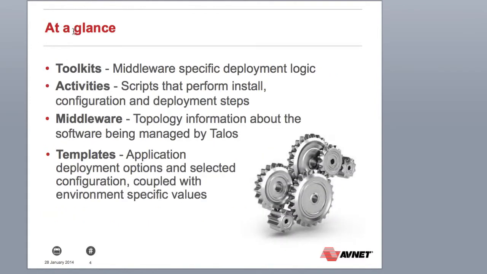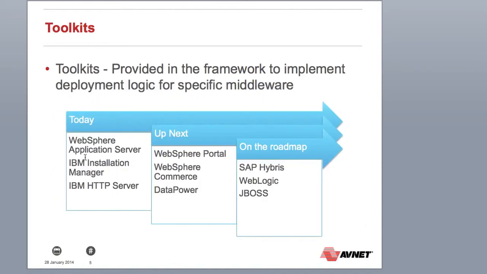And then at a glance, we talked quickly about toolkits and how you can add additional toolkits to the tool to support different middleware types. Toolkits consist of activities that implement each individual step in your larger orchestration process. And then we talked about middleware and templates and how they relate to each other and how we can visualize them in the web application.